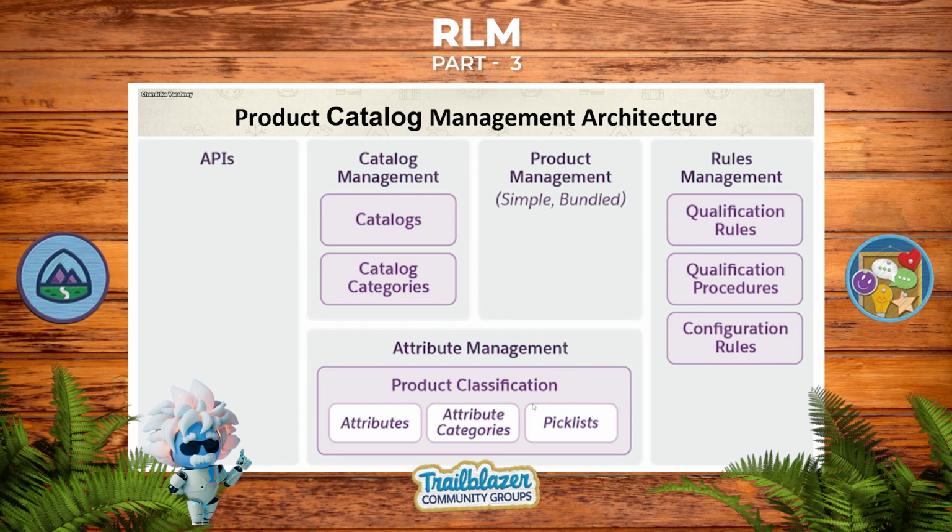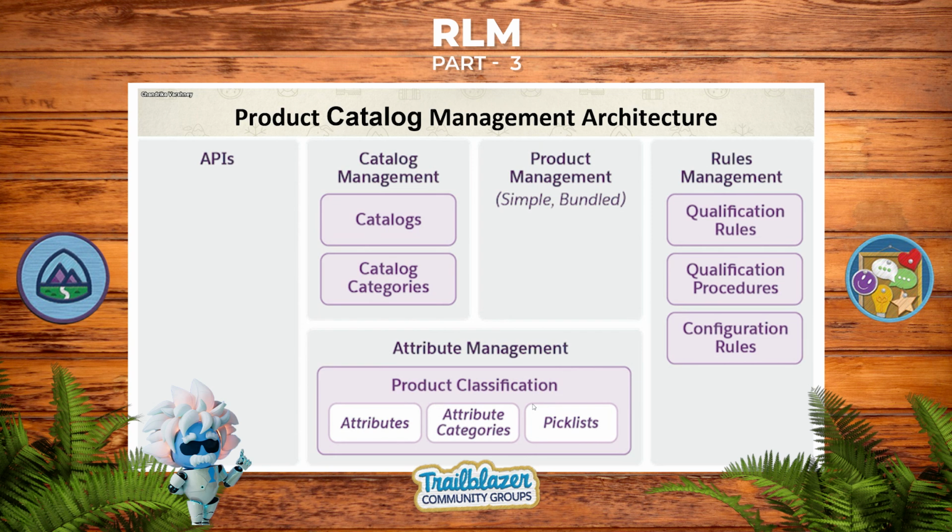Once we define the product in the catalog, a product might have characteristics, and those characteristics are going to define the attributes, and all attributes might have some picklist values. Those picklist values will show the characteristics of the products. And we can also group all the attributes in attribute categories.